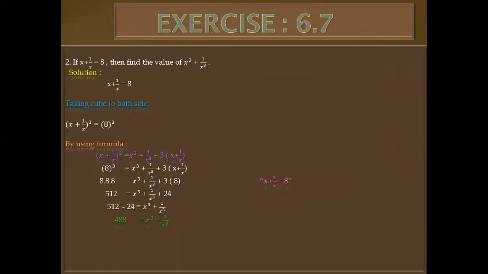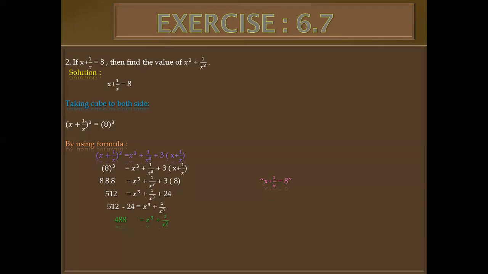Instead of x plus 1 over x whole cube, you will write here the formula x cube plus 1 over x cube plus 3 into x plus 1 over x. And when we take the cube of 8, 8 into 8 into 8, the answer will be 512.